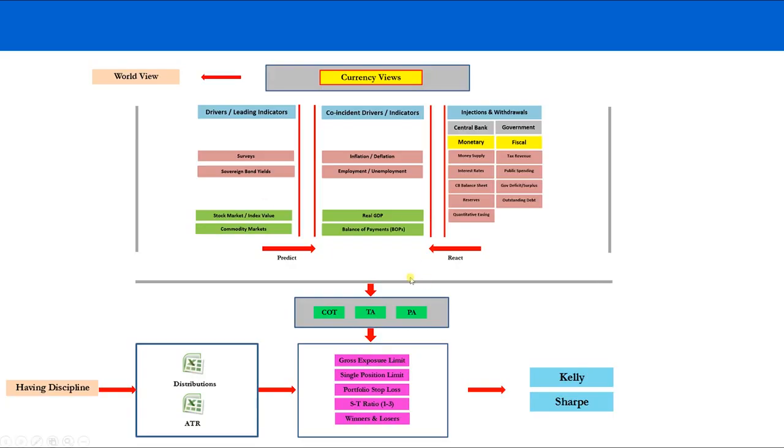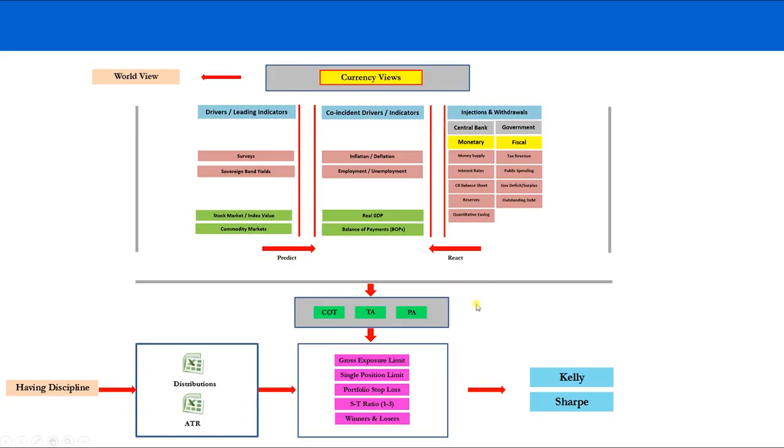But when we spit out our ideas from this area, the output from the idea generation phase is our fundamental predisposition on currencies themselves. And then we move on to basically cleansing these ideas, and we move on to timing. So we move from our fundamental predisposition to timing.